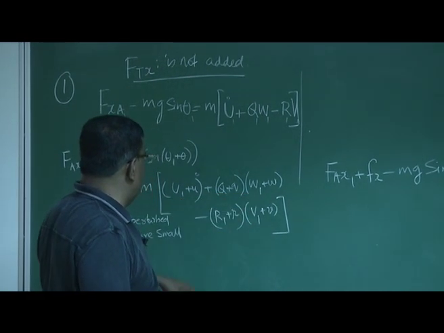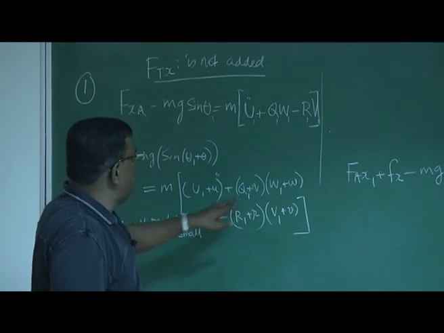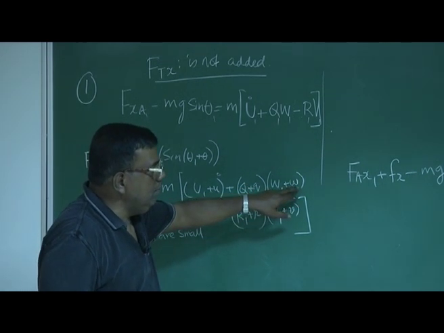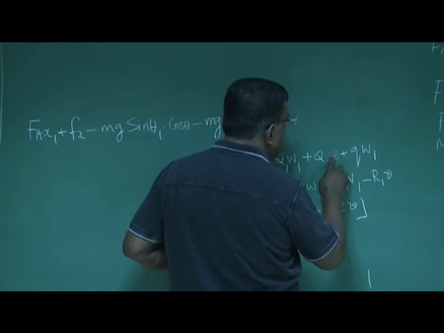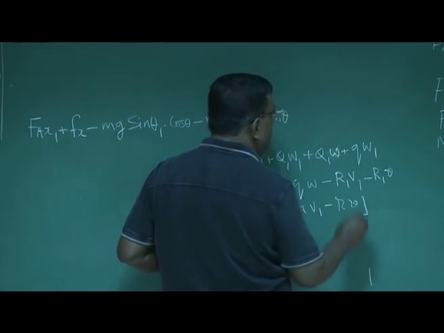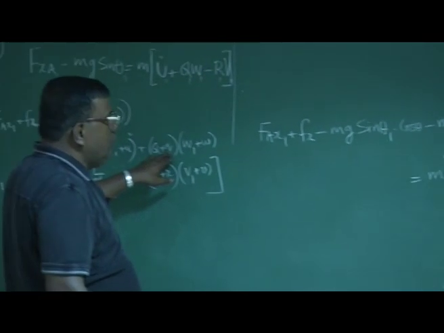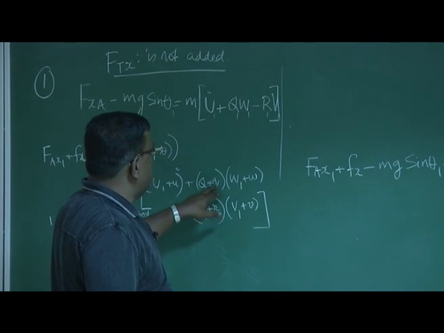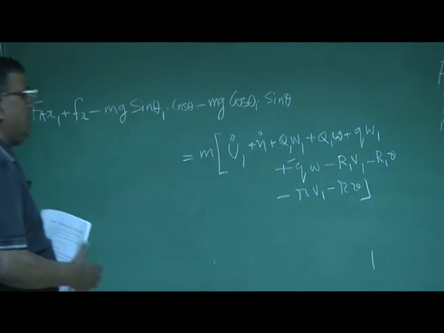q1 into w1, so this is basically at steady state. So I have to write q1 w1. That term is there. q1 small w is also there. I should write like this, small w. And then small q w1, yes, that term is there, and then small q w, it is there, fantastic, we are so far correct.